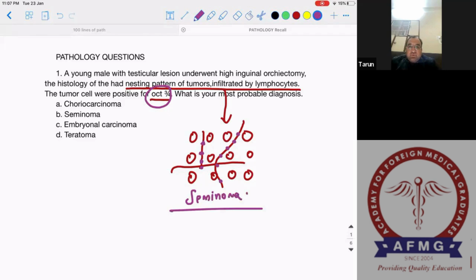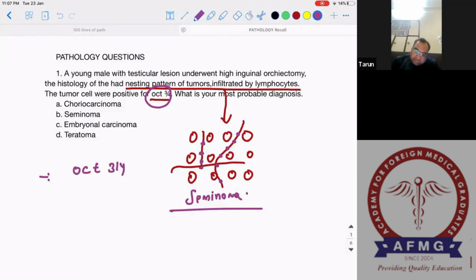one of the most common tumors of the testis, that is seminoma, and in females in the ovary it is called dysgerminoma. Both are the same tumors having the same histological finding and the same tumor markers. So what will be the tumor marker? The tumor marker will be OCT3-4.